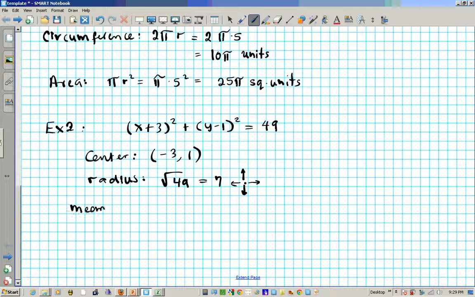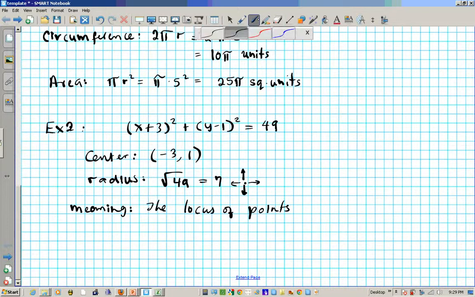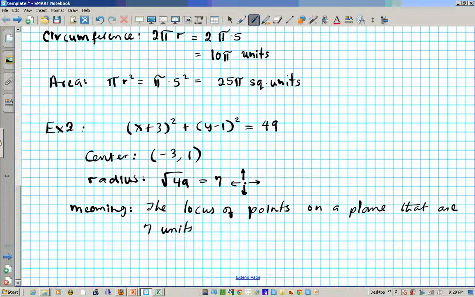Meaning, write this down. The meaning basically of this result is that the locus of points on a plane that are 7 units away from (-3, 1) is given by the equation.